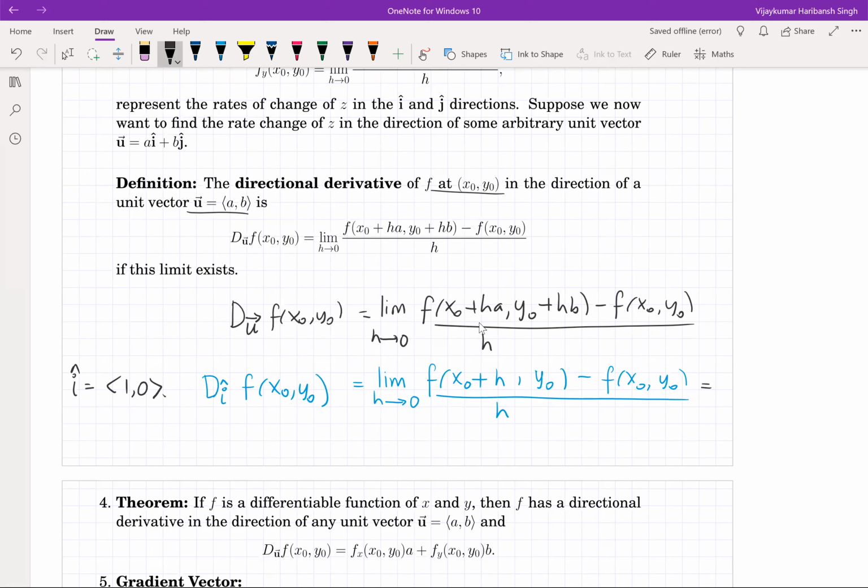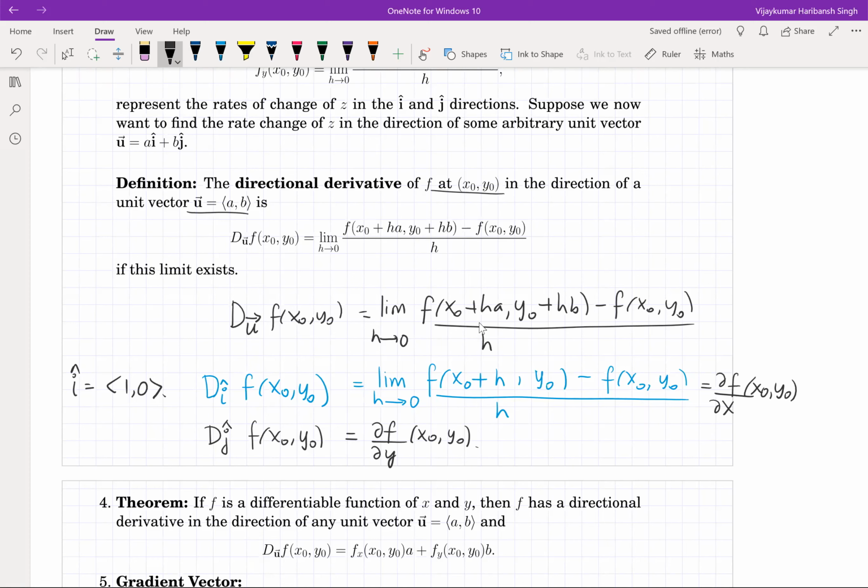So this is essentially the partial derivative with respect to x of your function evaluated at x naught, y naught. So the directional derivative captures this information. Similarly, the directional derivative in the direction of vector j is the partial derivative with respect to y at x naught, y naught. So this is the definition of the directional derivative.